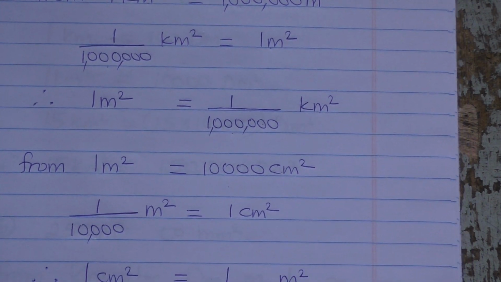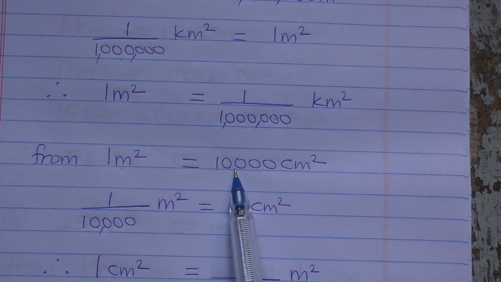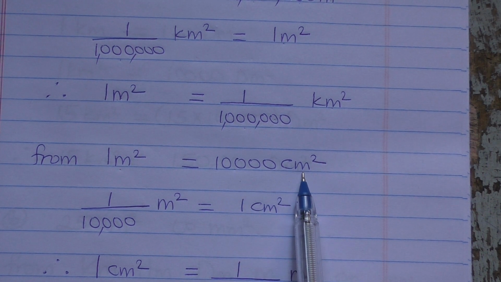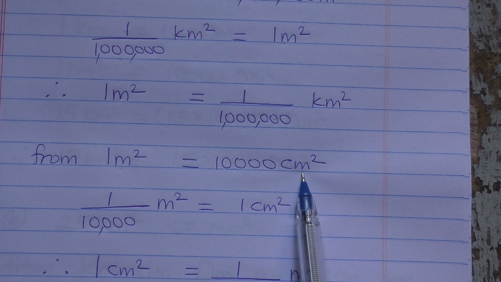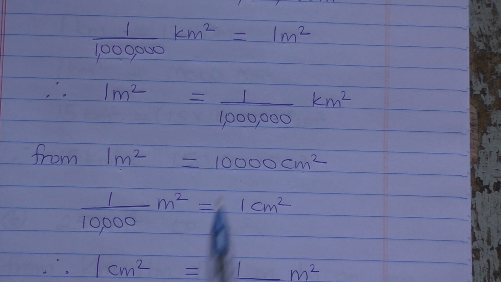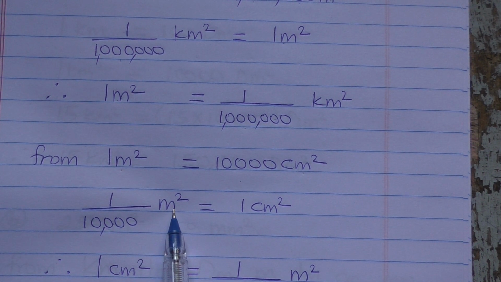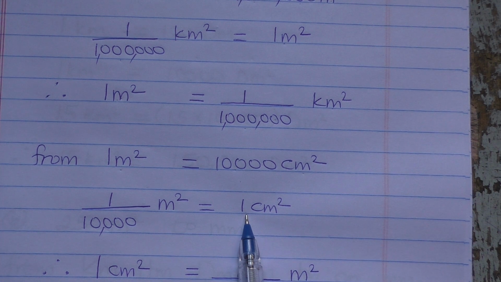And still, from 1 meter squared being equivalent to 10,000 centimeters squared, if we divide by 10,000 on both sides, we shall end up with 1 over 10,000 meters squared being equivalent to 1 centimeter squared.